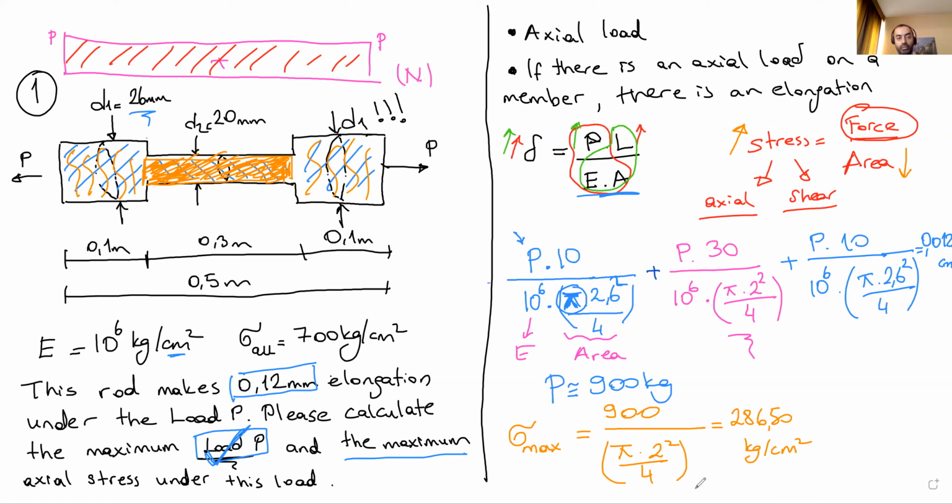In the question, you don't have to memorize this allowable stress. What is it? 700 kilogram per centimeter squared. So the calculated maximum stress is less than the allowable stress. That's why this member is safe.